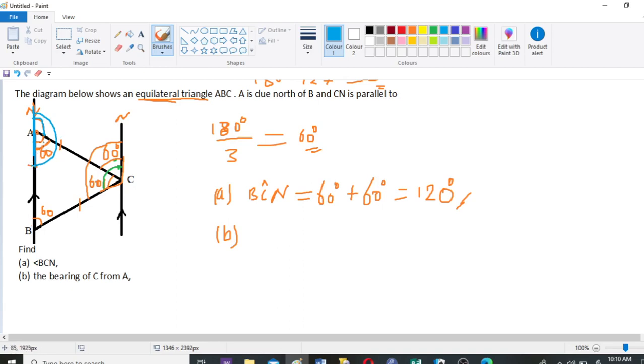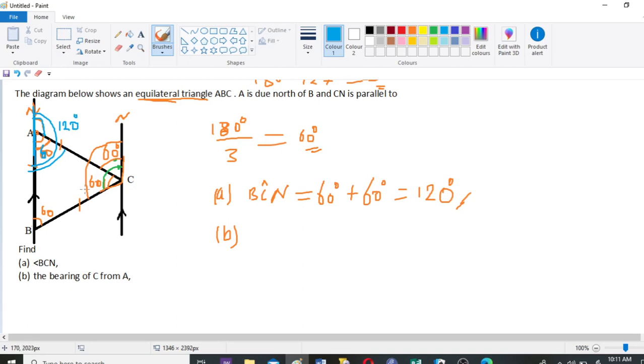So I've been given this angle to be 60 degrees, but this one I don't have. To calculate the other one, I need to subtract this 60 degrees from 180, and I'm going to get 120 degrees.